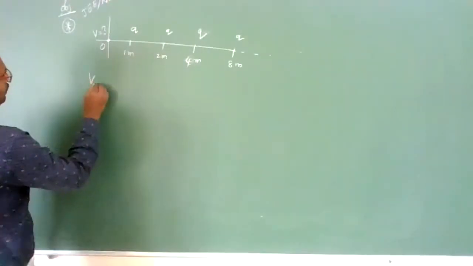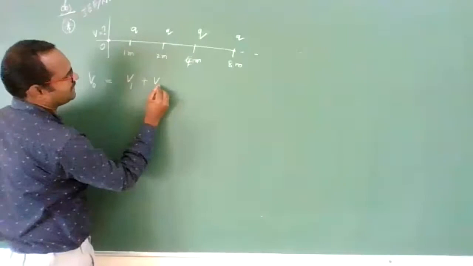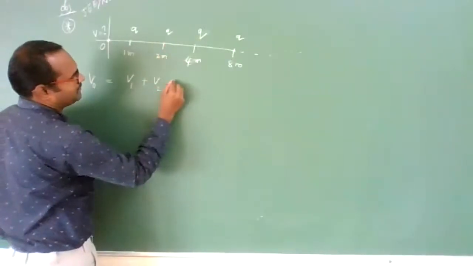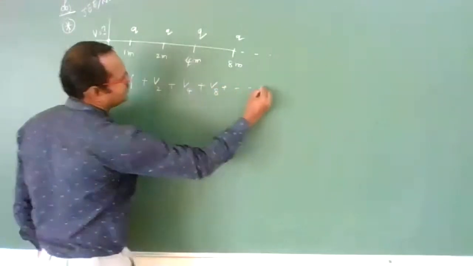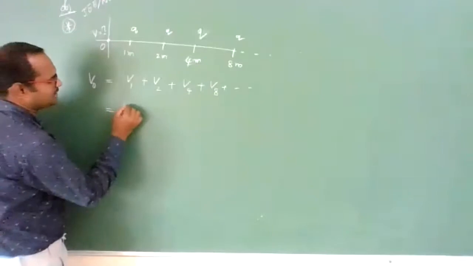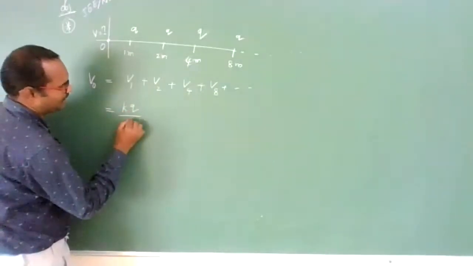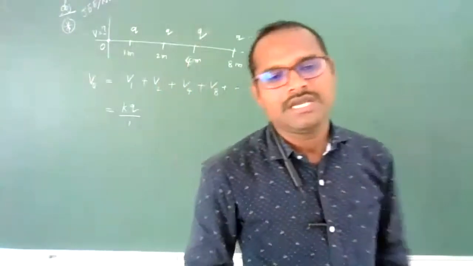Potential at point O can be written as the potential due to the charge at 1 meter plus the potential due to the charge at 2 meter plus the potential due to the charge at 4 meter plus the potential due to the charge at 8 meters, and so on. The potential due to the charge at distance r is kq by r.